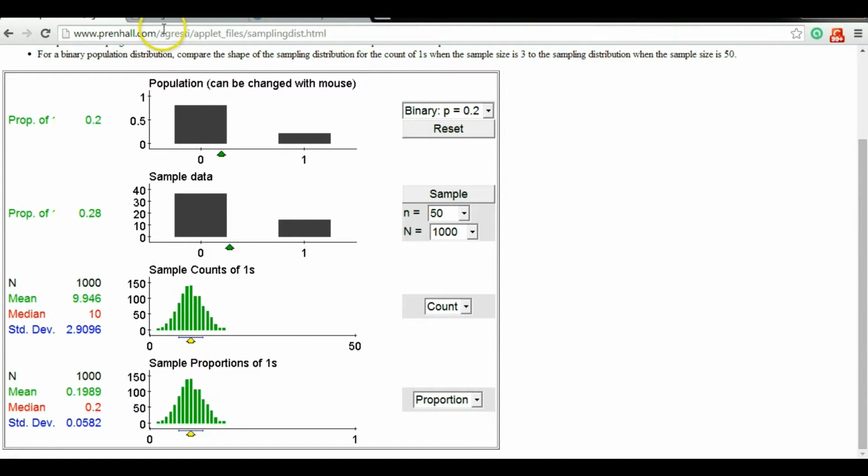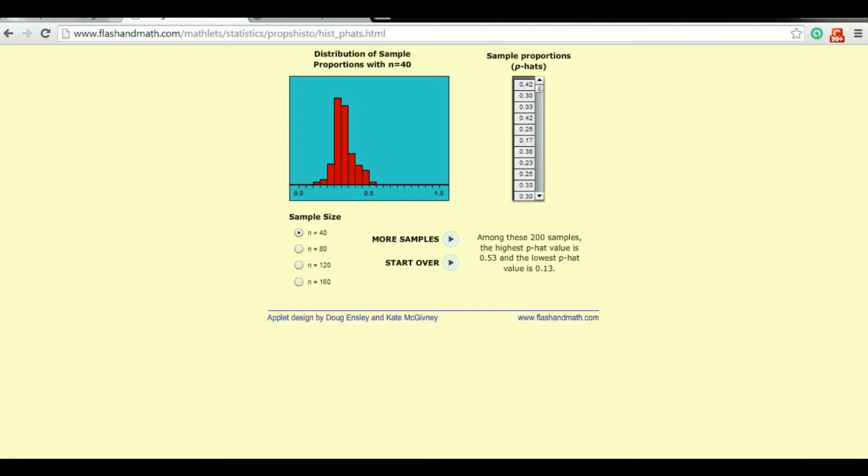Okay, the second thing I want you to notice is, let's look at a distribution here. We got a sample size of 40. Now this sample looks like it's centered, I don't know, around 0.3, 0.4. Okay, and this is 200 samples.